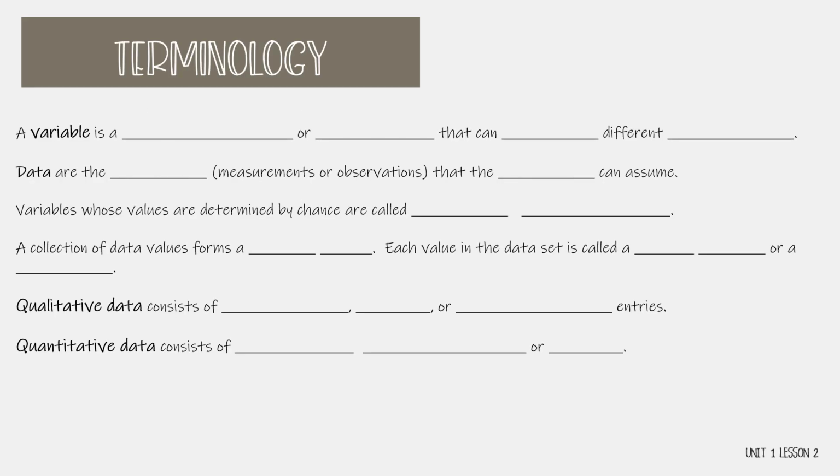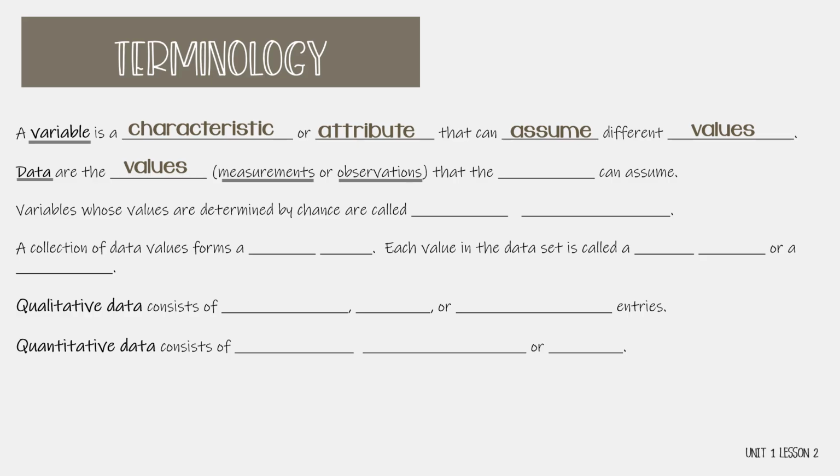Terminology. A variable is a characteristic or attribute that can assume different values. Data are the values, either measurements or observations, that the variable can assume.